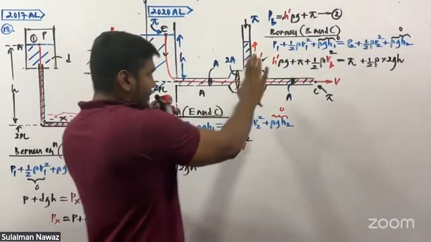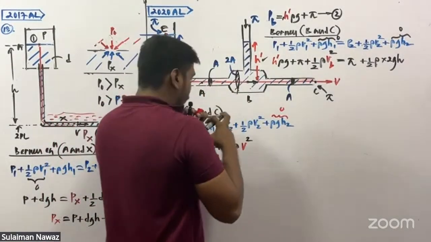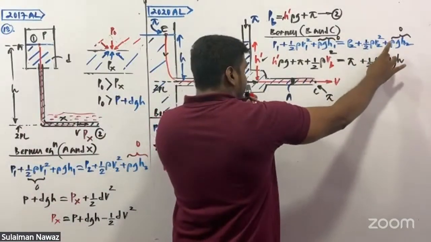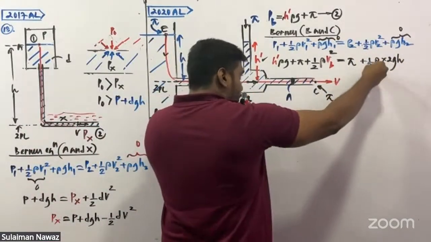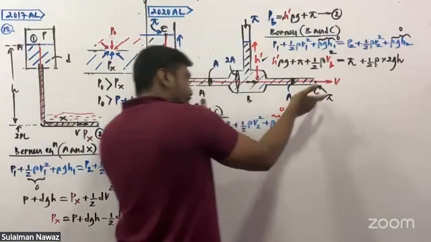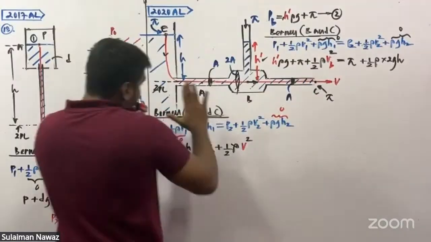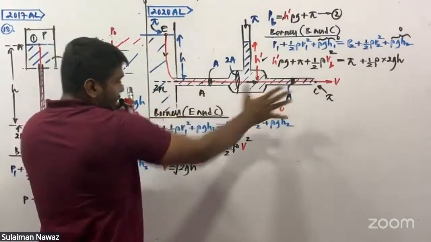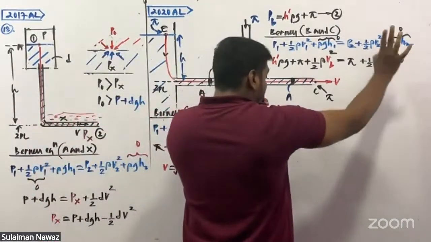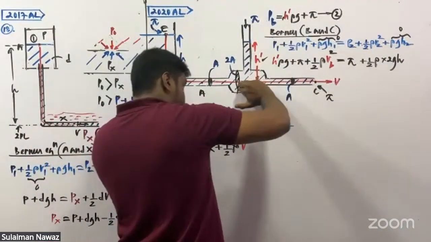I think you all understood this story also. Because now see how I could substitute this 2gh for velocity at point C: I found velocity at point C by applying Bernoulli's equation for E and C. So one time I applied Bernoulli and found the velocity at point C, and again I applied Bernoulli for points B and C.